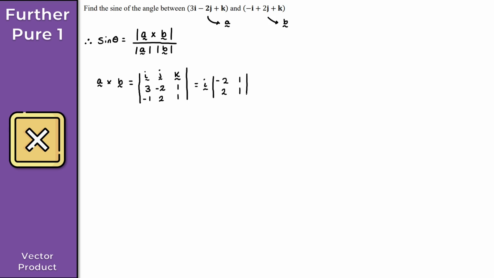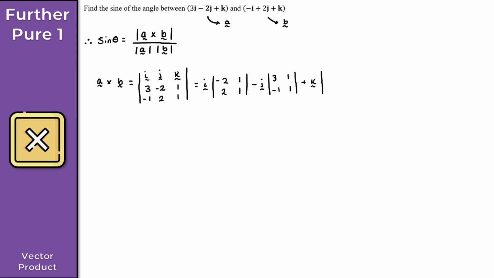We then get minus j here. Then we get our remaining 2 by 2 determinant. Crossing off this row and this column, we get left with 3, 1, minus 1, and 1. And then finally we get plus k, and our remaining 2 by 2 determinant.